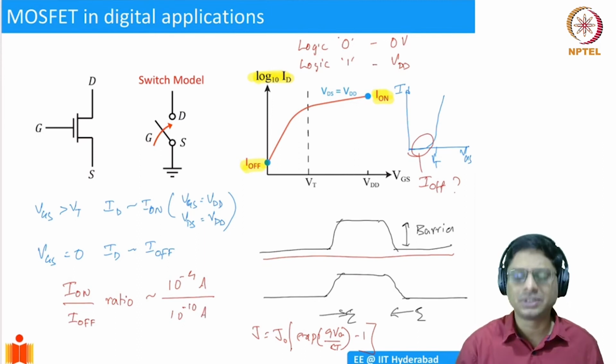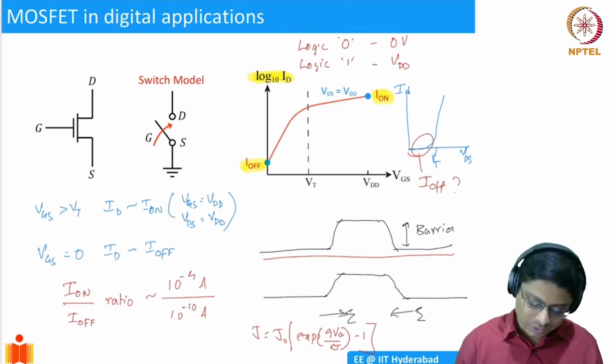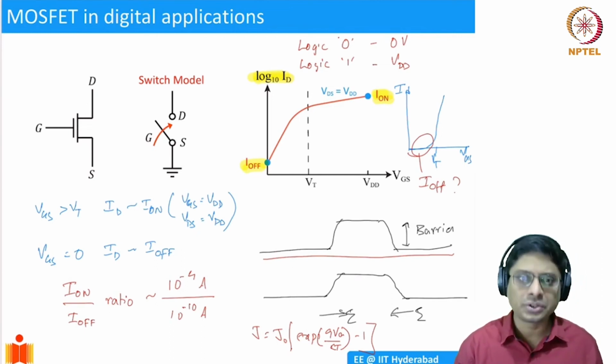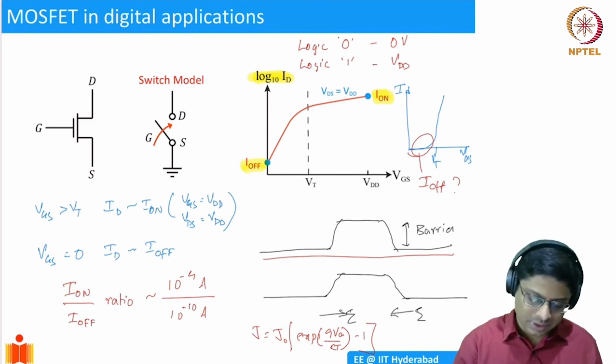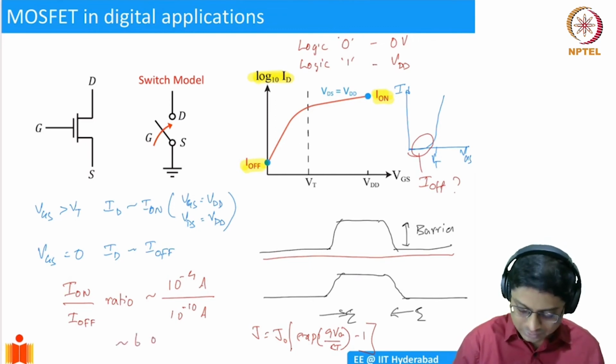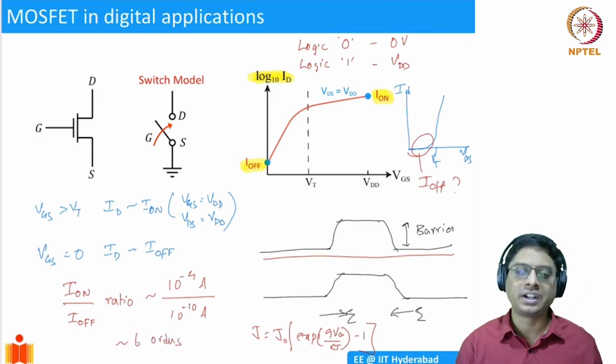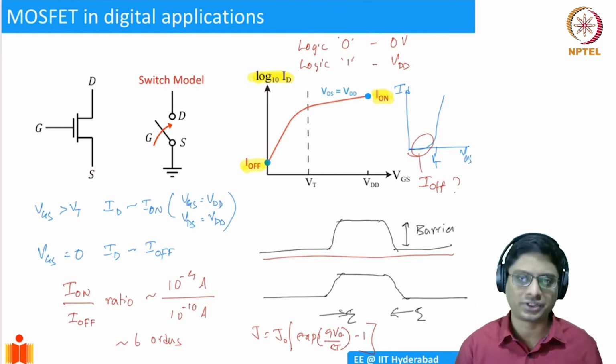This is a typical number. 100 picoamps is not really a large current, for a single MOSFET I'm talking about. So what is the ratio of I on to I off? In this case, about 6 orders of magnitude. This is a large change in the drain current, which is very useful for digital applications.